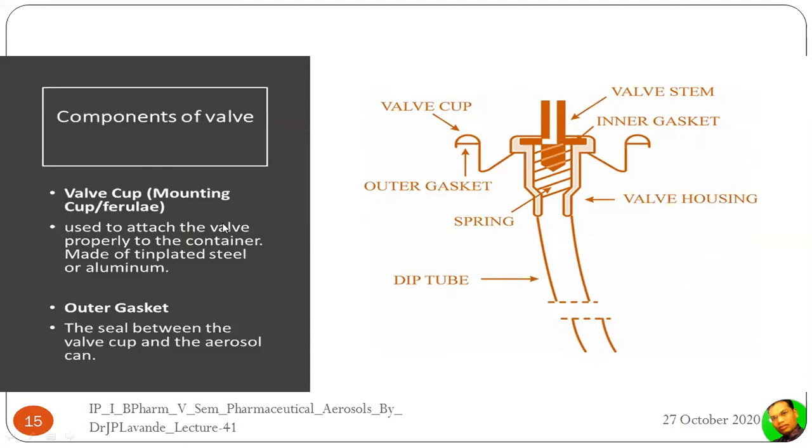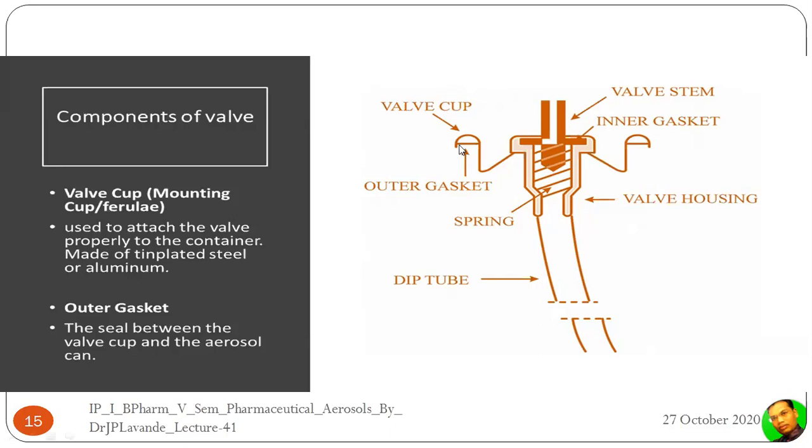Now, as far as the valve cup or the mounting cup or the ferrule is concerned, this is used to attach the valve properly to the container, and it is made up of tin plated steel or aluminum.